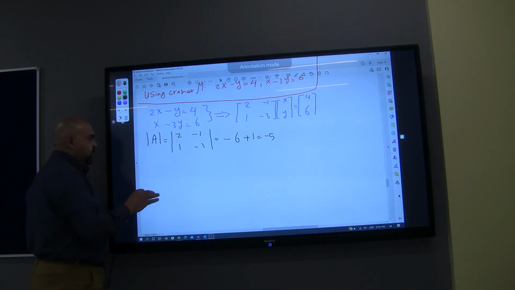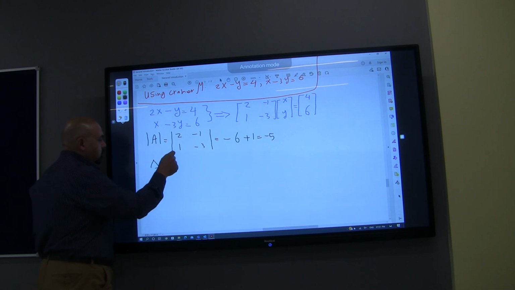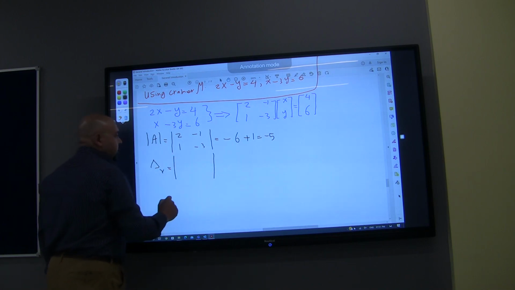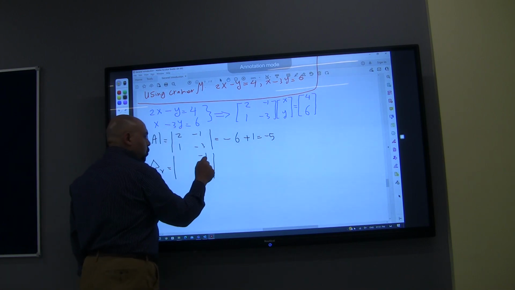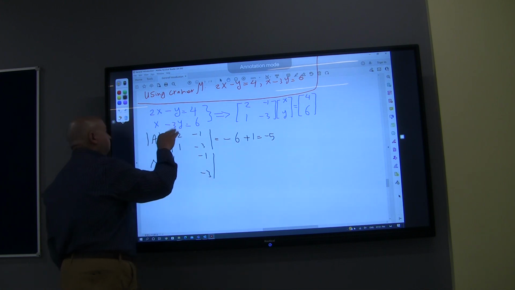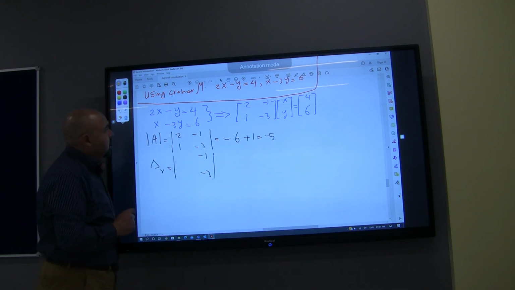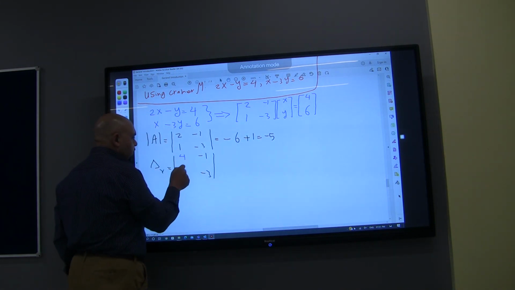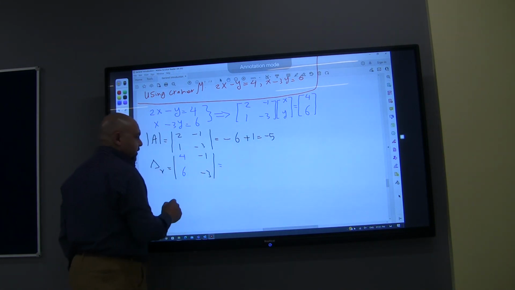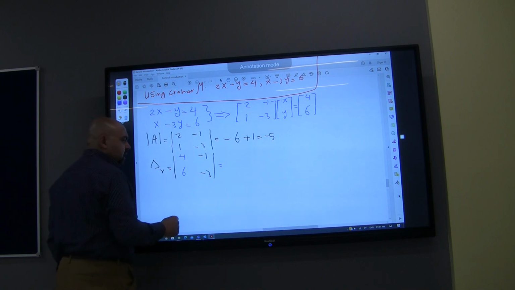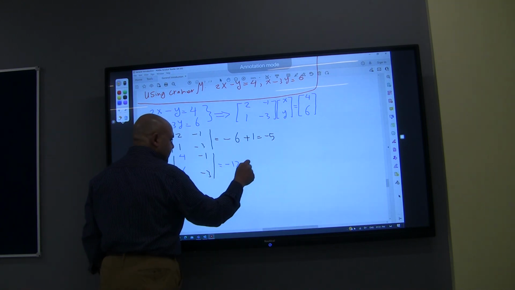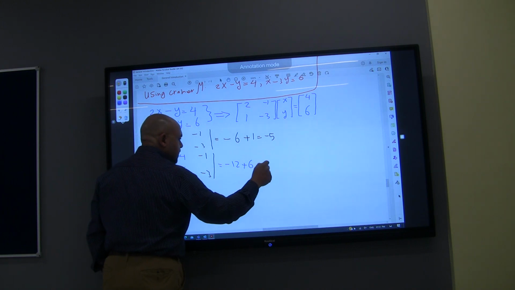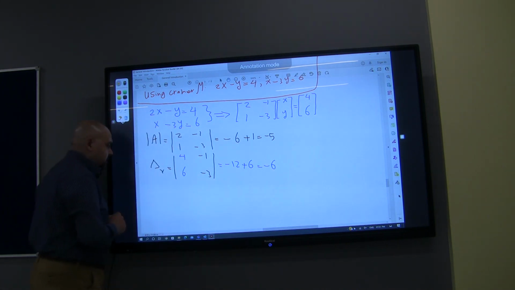In a similar manner, I will get delta relative to x. From the coefficient matrix, I replace the first column by the result column, which is 4 and 6. That equals 4 times negative 3, which is negative 12, plus 6, which equals negative 6.